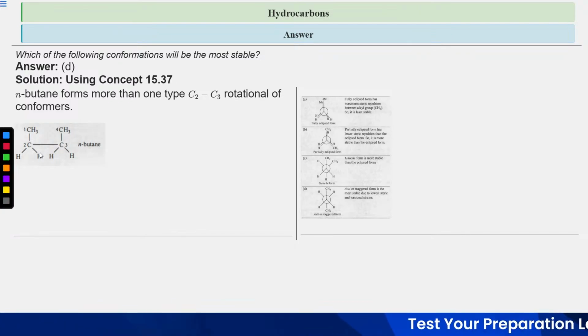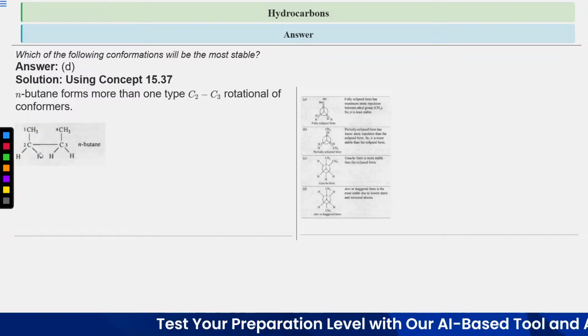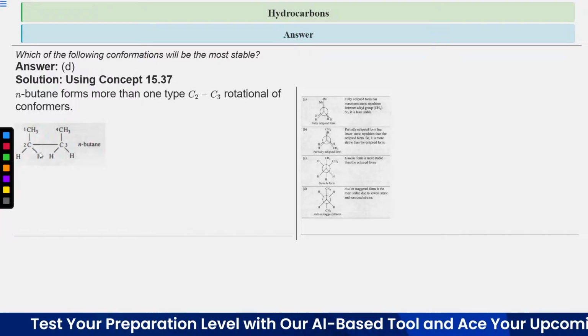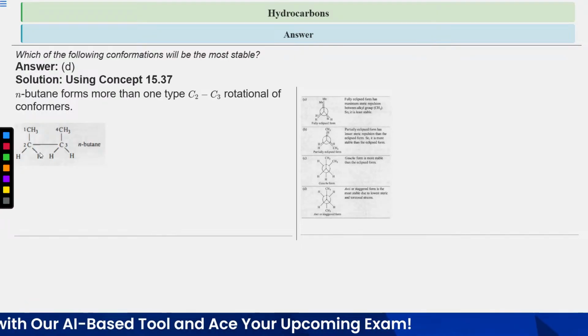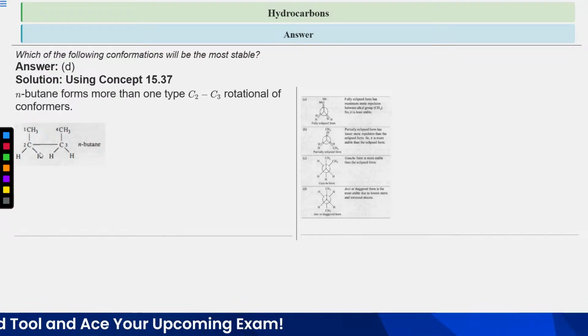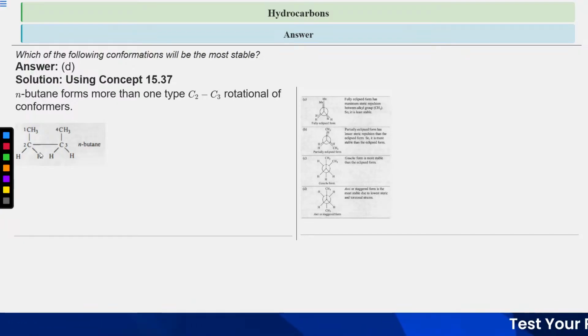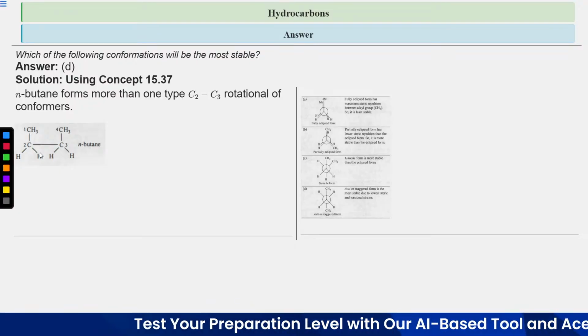In conformation B, you can see this is a partially eclipsed form, because the methyls are present at about 120 degrees from each other. So the partially eclipsed form has lesser steric repulsion than the fully eclipsed form, and so it is more stable than the fully eclipsed form.